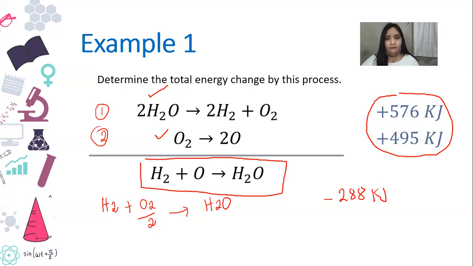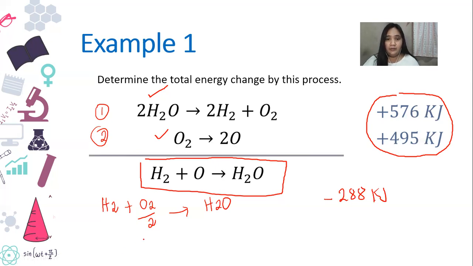Now for the second reaction, let's check. We have O2 yielding 2O. It's actually balanced, but O also needs to be on the other side, and it's just one O. So let's do the same thing we did with the other one.